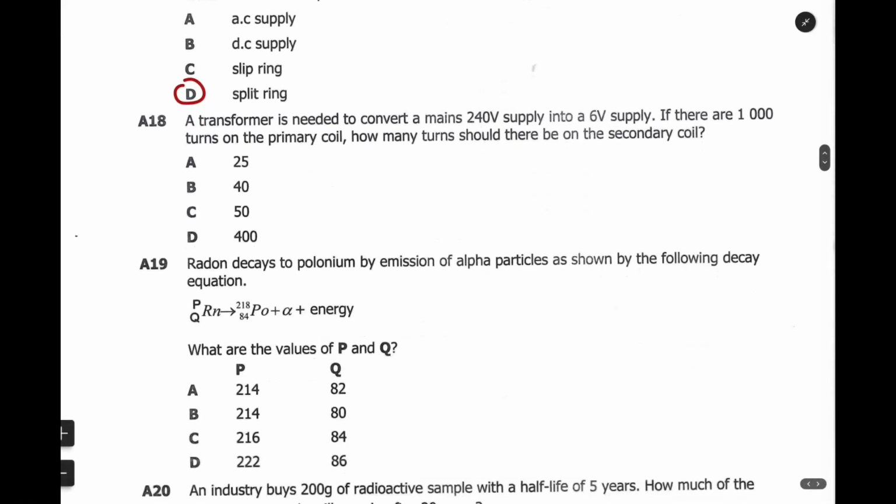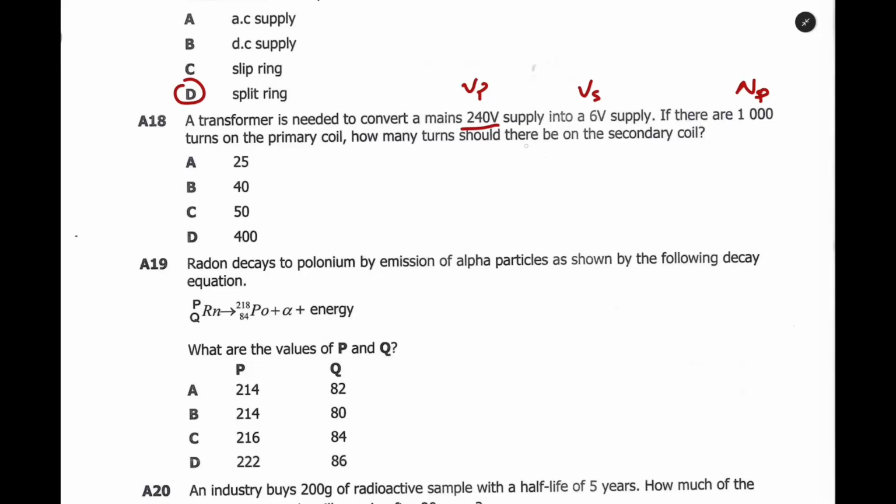Question 18, a transformer is needed to convert 240 supply, so this is the primary voltage, into 6 volts. This is the secondary voltage. If there are 1000 turns on the primary coil, so number of turns on the primary, how many turns should there be on the secondary coil?